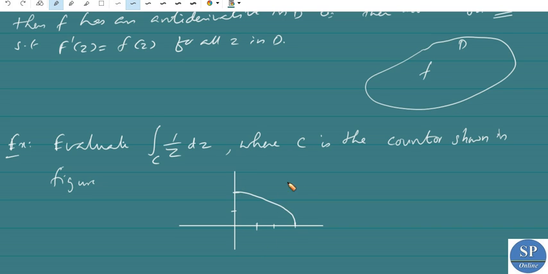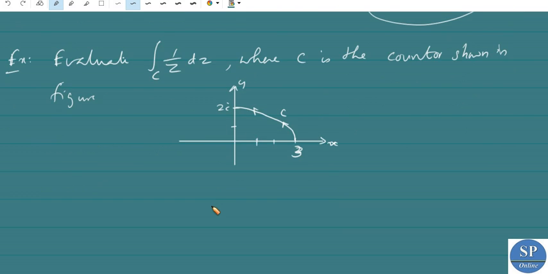Let this be the C. This point is 3, this point is 2i. This is y and this is x. So we need to find the integral over this C of 1 by z dz. The initial point of C is 3 and the terminal point of C is 2i. Can we apply the fundamental theorem here?